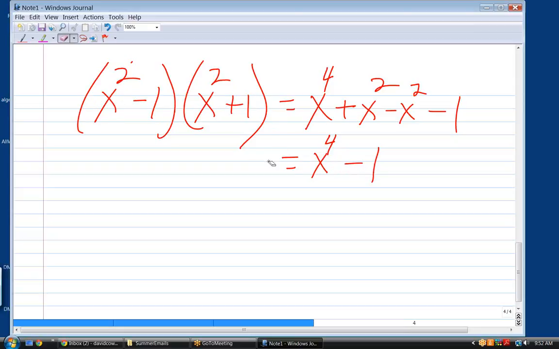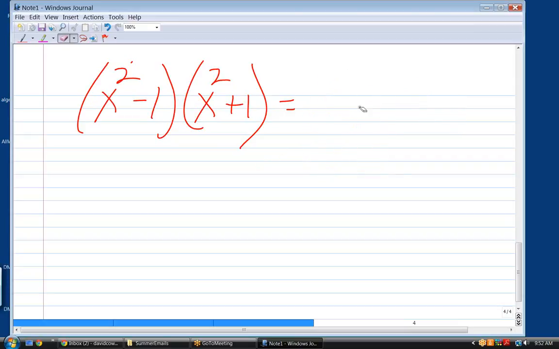In other words, they're kind of teaching you to notice when you have something that's the conjugate of the other and you multiply them together, the two middle terms always cancel, and the only terms you have to pay attention to are the far left term, x to the fourth, and the far right term. Both of those middle terms will always cancel out if you're taking the same term and multiplying it by its conjugate.